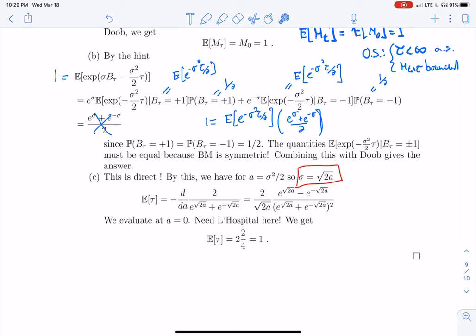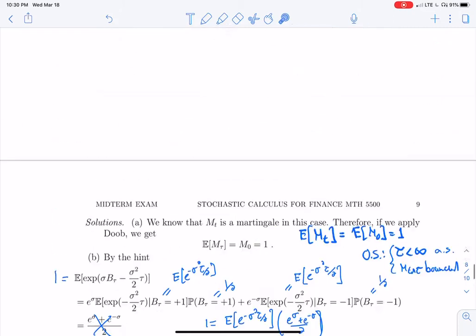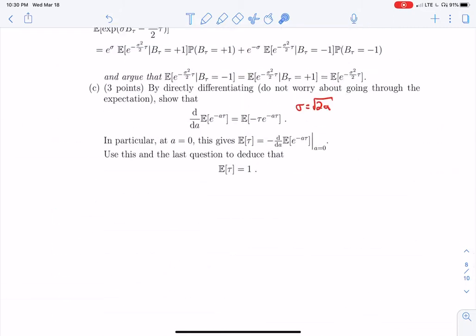Now it remains to just differentiate. Again, you have to differentiate with sigma equals square root of 2a, differentiate with respect to a. Be careful with your derivative, and then you evaluate at a equal to 0, and you get 1. Okay, exactly as it was suggested here. All right, so that's question 4.